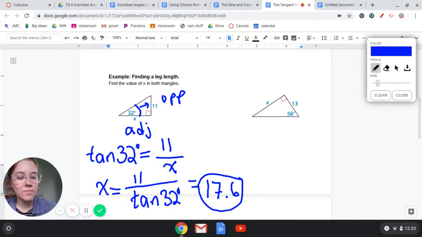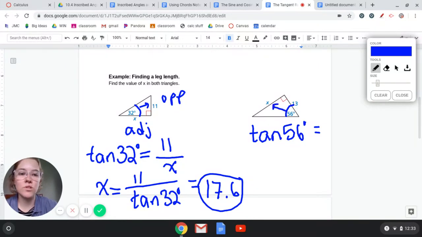Next example, same process, same idea. So this is our reference angle, 56. So tangent of 56 equals the opposite side, so the leg that doesn't touch this 56, which is x, over the adjacent side, which is the leg that touches that angle, so it's 13.